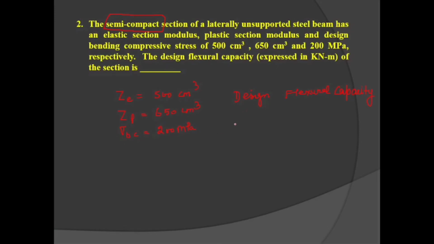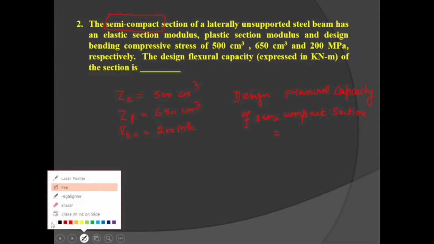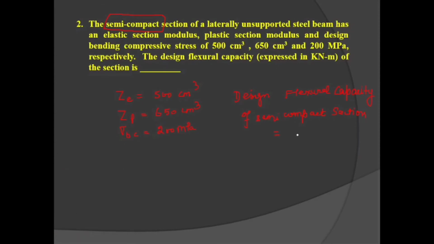So for the design flexural capacity of a semi-compact section, if it is asked for the compact or plastic section, then you have to use the ZP value, but here it is asked just for the semi-compact section.